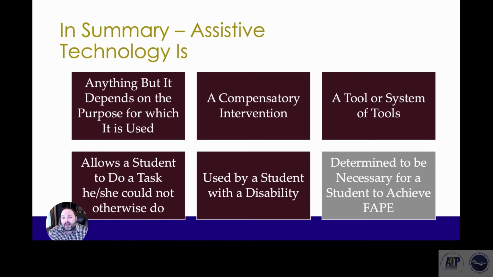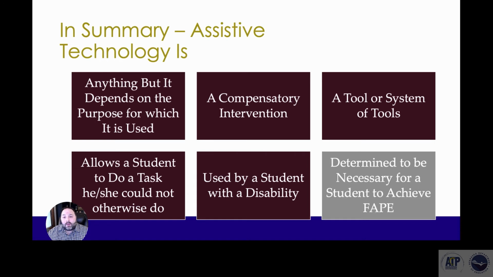Within the context of special education, the other piece of determining when a tool becomes assistive technology for a particular student is that it also must be determined to be necessary by the IEP team or the IFSP team. It needs to be necessary for the student to achieve a free, appropriate public education.